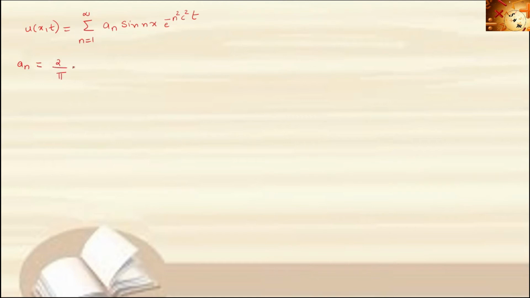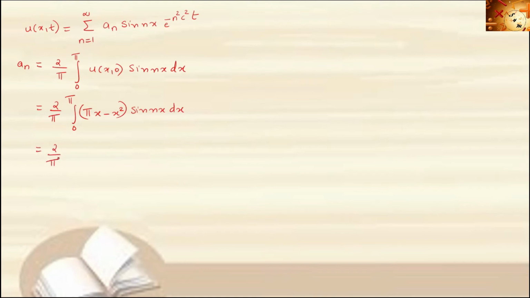So 2 by pi integral 0 to pi our u of x comma 0 into sin nx dx. So this will be 2 by pi integral 0 to pi. In the question it is given that u of x 0 is pi x minus x square into sin nx dx. Here we want to integrate this one.